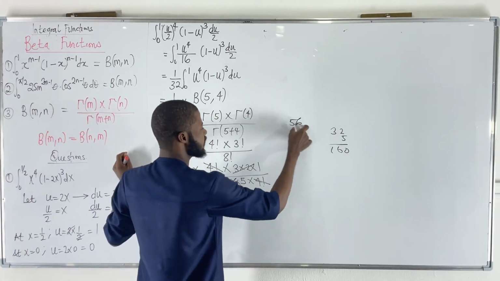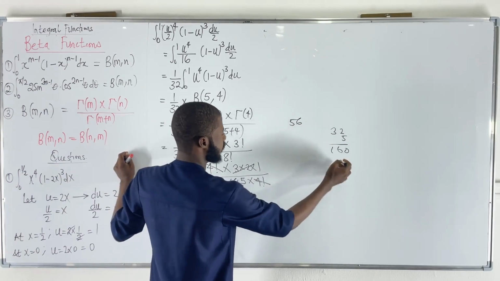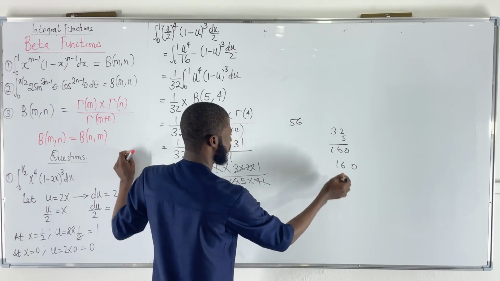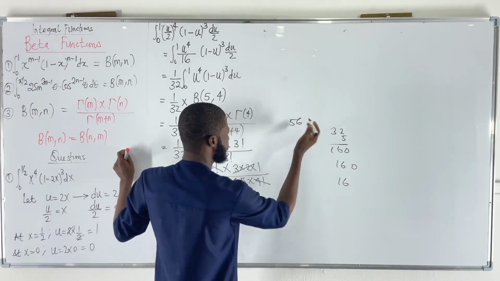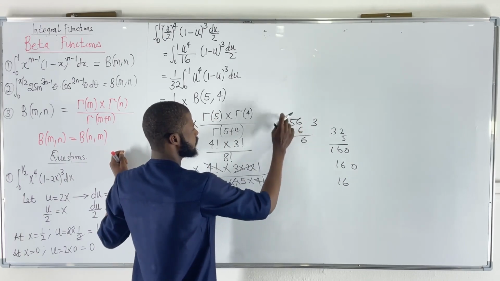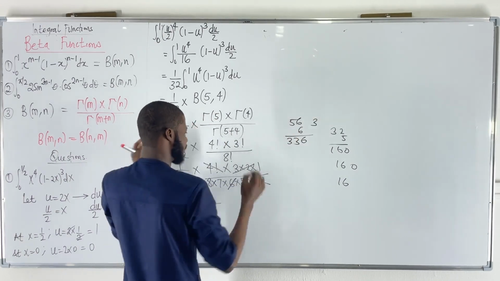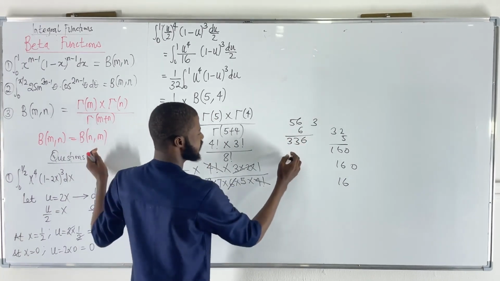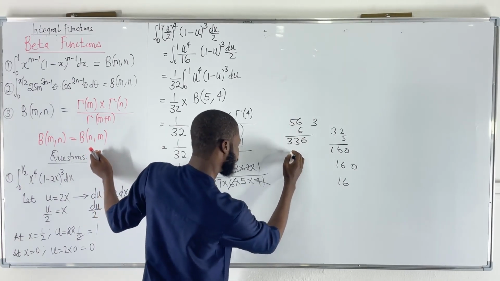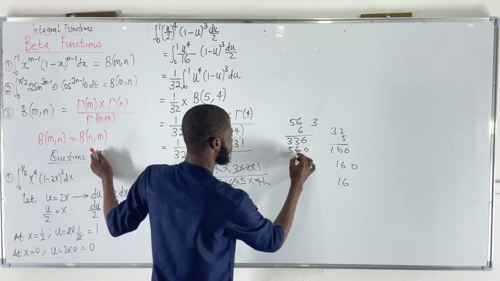Then, I'm going to say 56 times 16. Okay, 160 is 16 times 10, so I'm going to say times 6 first. This is 6 carry 3. This is 336. Okay, so 336 plus 5600.